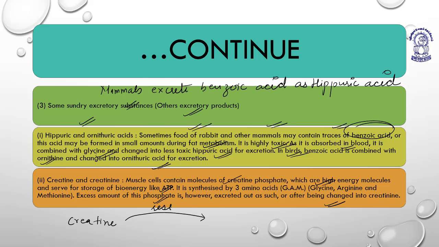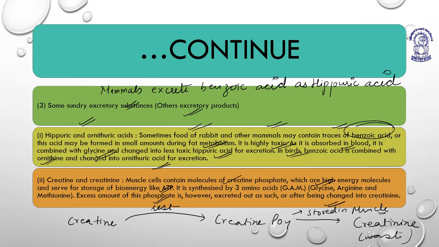At rest, it is converted into creatine phosphate, which is stored in muscles and can be converted back into creatine during exercise.